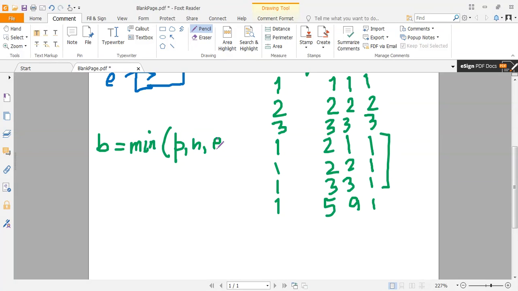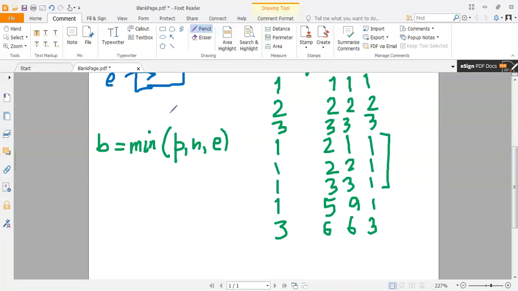Let's say I have 6 pens, 6 pencils, and 3 erasers. I have 3 erasers, so I can produce 3 pencil boxes. I will be left over with 3 pencils and 3 pens, but I can still make 3 pencil boxes. Essentially, the minimum of the three quantities will be the number of pencil boxes I produce. I will be left with some raw materials, but I will still produce some pencil boxes.